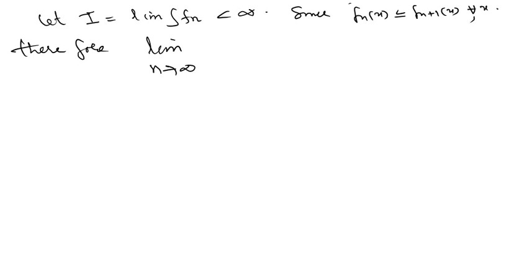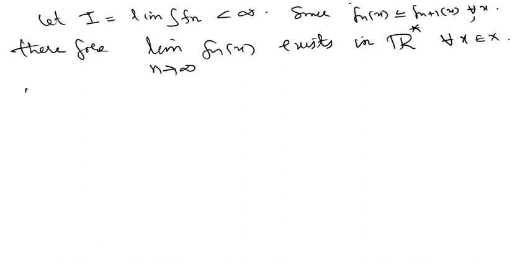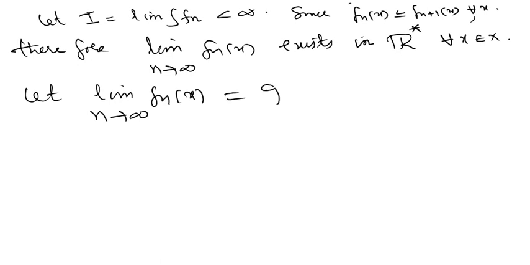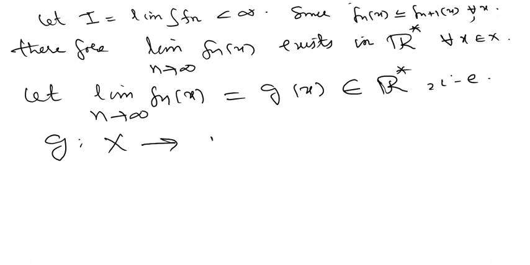So therefore limit n approach to infinity fn x exists in R star, not in R, it may be infinite, for all x belongs to X. So let's denote this limit: let limit n approach to infinity fn x be equal to g of x, and this g of x is in R star. So g is a function from X to R star. It's not a real valued function, it is an extended real valued function.